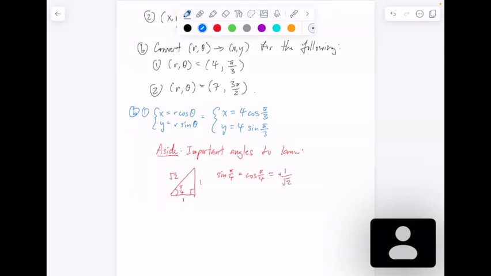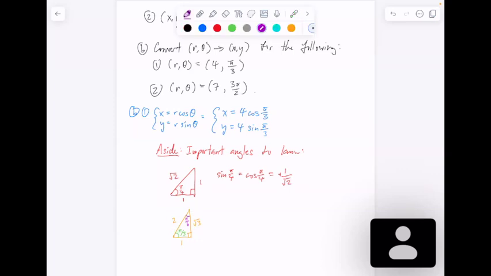Now, there's another triangle which is important and relevant to this case. This is a 1, 2, √3 triangle. This has angles π/3, which is 60 degrees, and π/6, which is 30 degrees. So you have a 90-degree angle here, 60 degrees, 30 degrees.